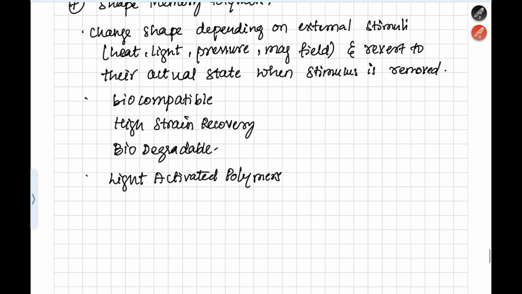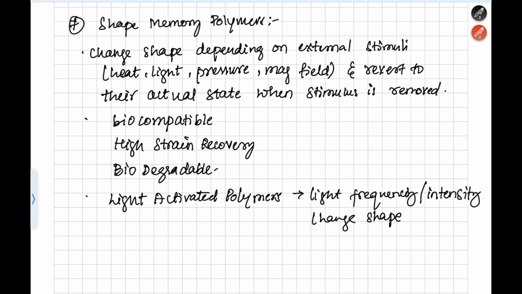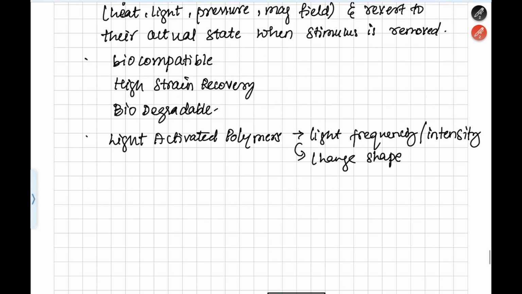These are a sub category of shape memory polymers. These change their shape depending on specific light frequencies, or we can say light intensity. So they can be used without any physical contact also.